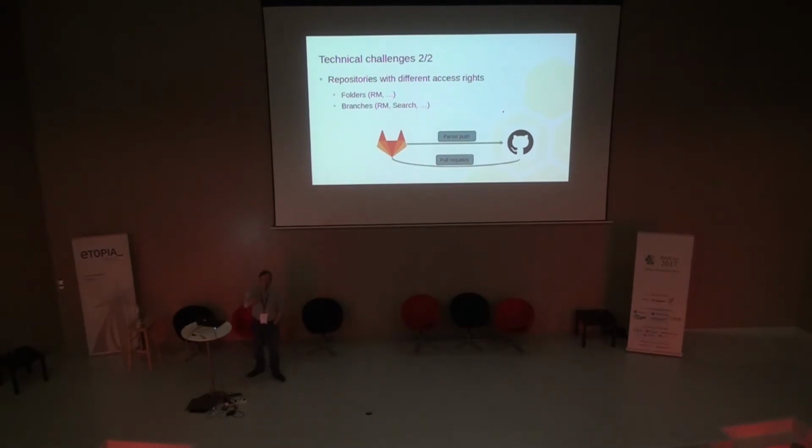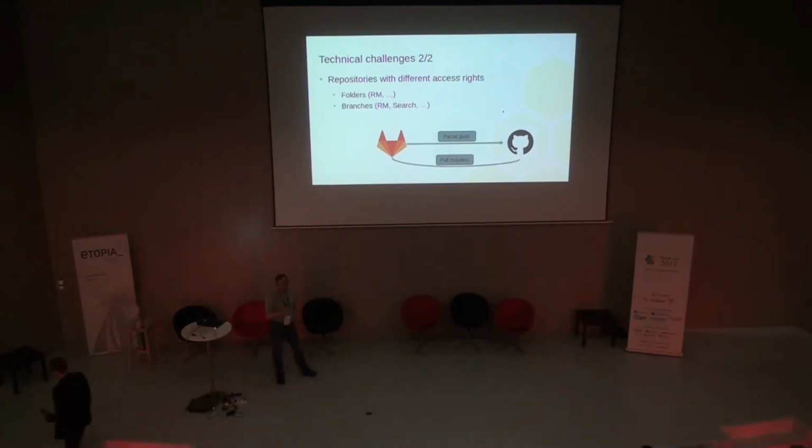You can still fork this repository on GitHub, and you can even propose a pull request, and we are able to bring this pull request back into our server on GitLab and treat it and accept it, and then once it's accepted, it will flow back to GitHub. So it's a bit of a strange gymnastic, but we managed to do that.